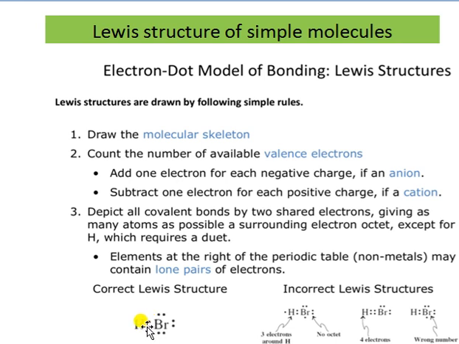By sharing 1 electron, a covalent bond forms between the hydrogen and bromine atom, and the outer 6 electrons are present as dots, and these 2 shared electrons are represented as a single covalent bond.